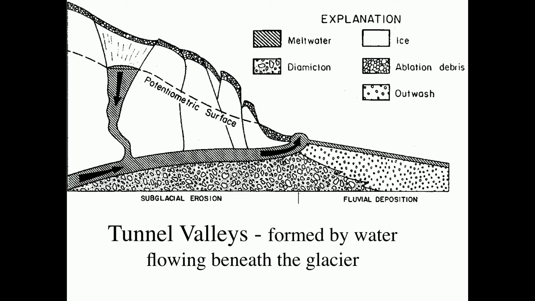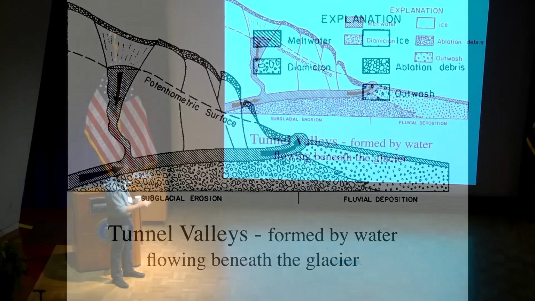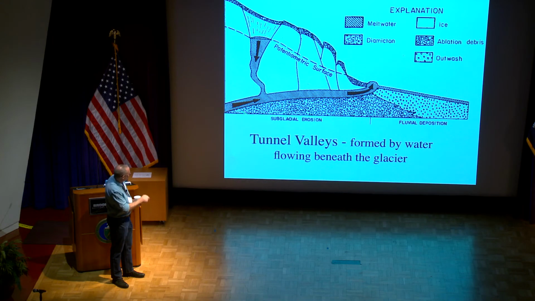So at the margin of the ice, you have all this meltwater coming up from under the ice and carving or eroding down into the subsurface. If you don't have solid bedrock, if you have older glacial material or coastal plain material, semi-consolidated sands and gravels as we have under Long Island, you're going to erode down into that stuff, and then all the sediment gets disgorged at the front of the ice, and it builds up an elevated area.